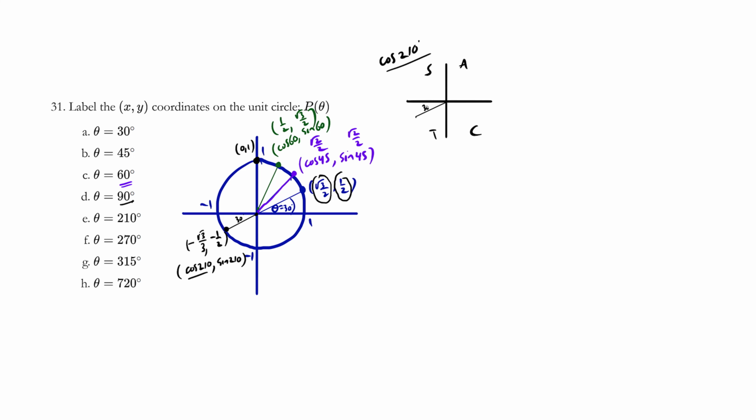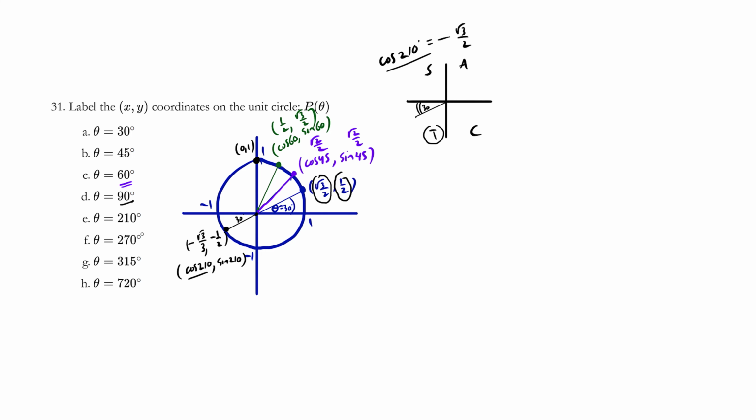The reference angle is 30. So we know that we're in T land, so the answer must be negative. And what's cosine of 30? It is root 3 over 2. So as you can see, we can do it either using symmetry, or we can just do it the standard way.